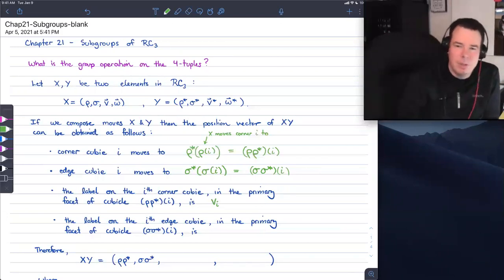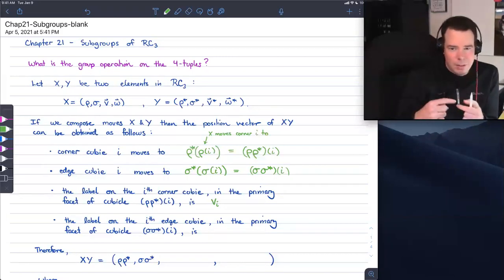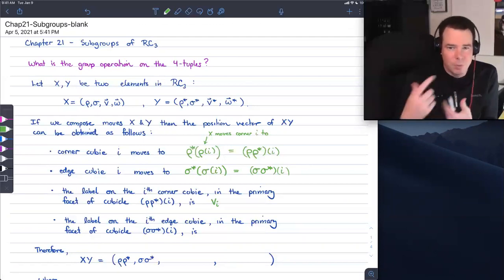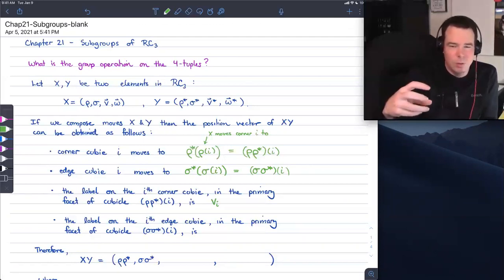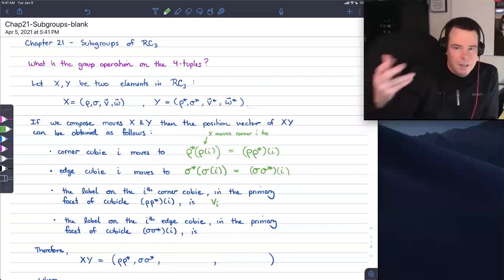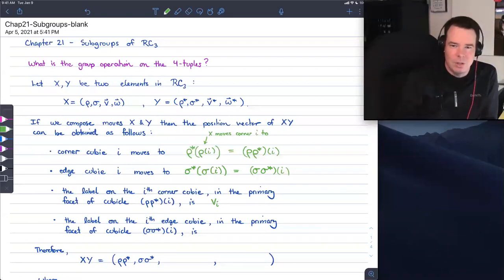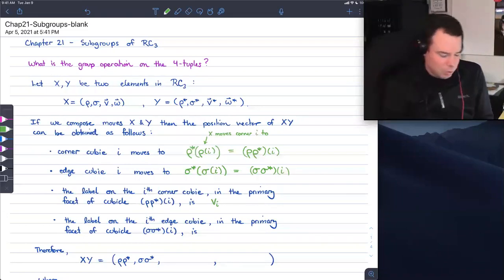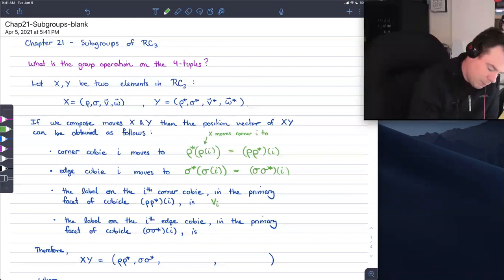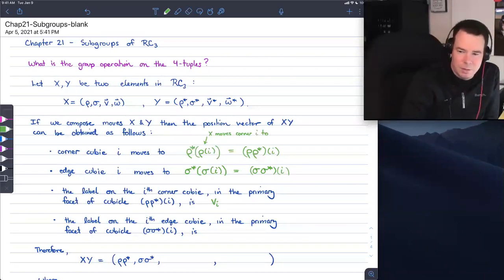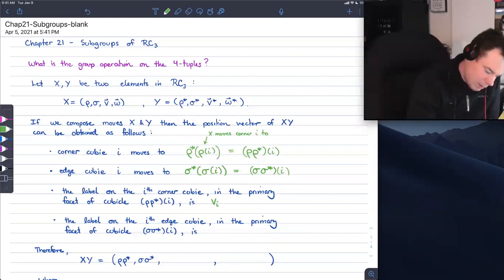But if the corner QB didn't have a 0 in that location, if it was rotated so that it had a 1 in that position, then that just means that it's bumping the rotation up by 1. Or if it had a 2 on it, it bumped the rotation up by 2, because it would move to the new location and it would already be rotated 2 clicks. So I'd have to add that to the rotation number that it got from the move sequence. So in other words, it's the starting number that's on its sticker in the primary facet of the location it just moved to, plus the number that the next move gives to it.